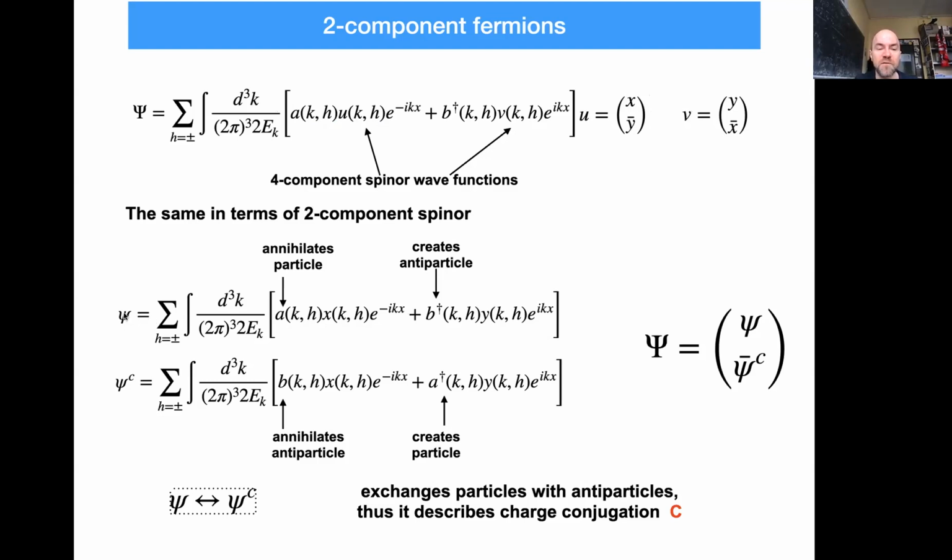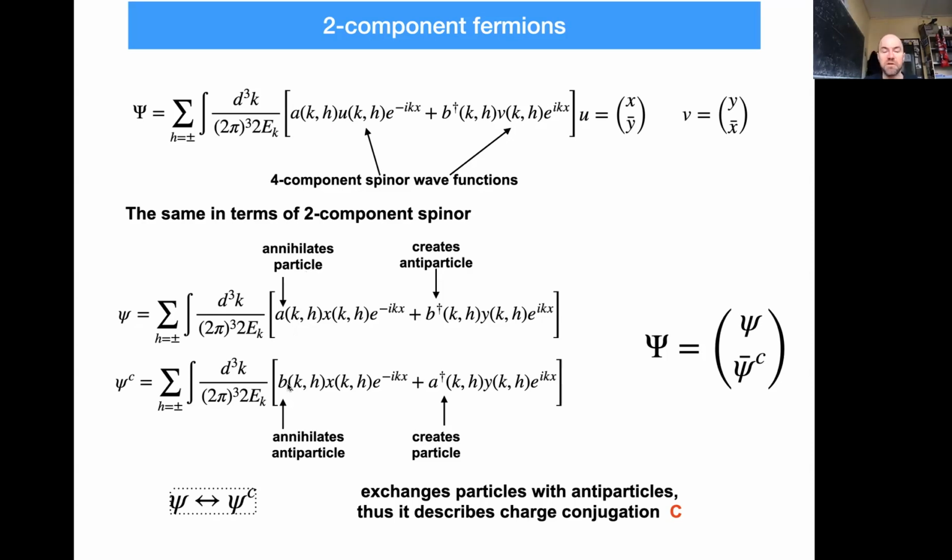So if we write the expansion of psi, it will be given in this form. If we write the expansion of psi c, then it will be given in this form, where the only difference between the psi and psi c is that the operators corresponding to particles are interchanged with operators corresponding to antiparticles.